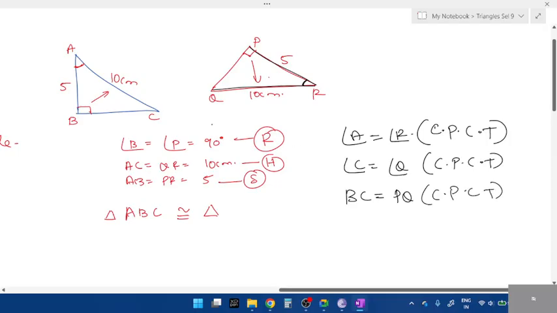So total 3 values they would have given us, and 3 values we need to find under CPCT. So triangle ABC is congruent to triangle. How do you write this triangle? In place of A, what should I write? Which angle on the right hand side? Should I just write PQR? Is it correct if I write PQR?